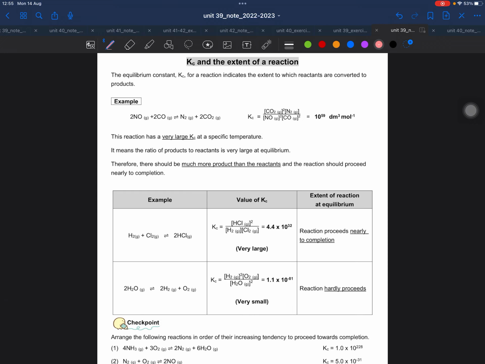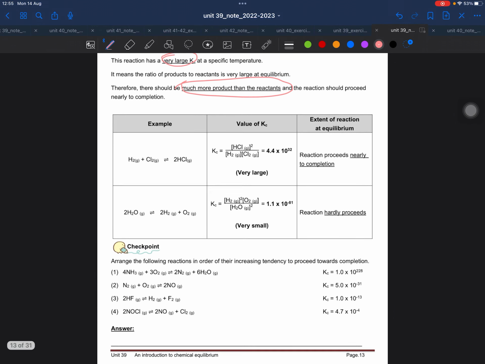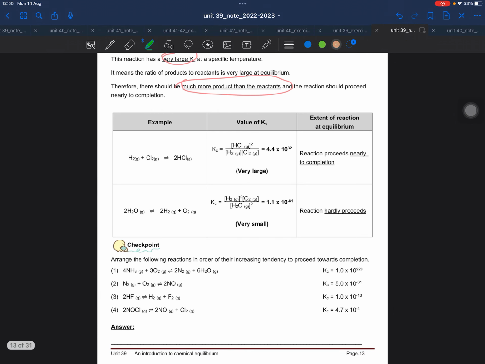A negative concentration is meaningless. So what is meant by the value of Kc? If the value of Kc is very large, that means we have many products. Easy, right? Or we can say the reaction is almost complete.